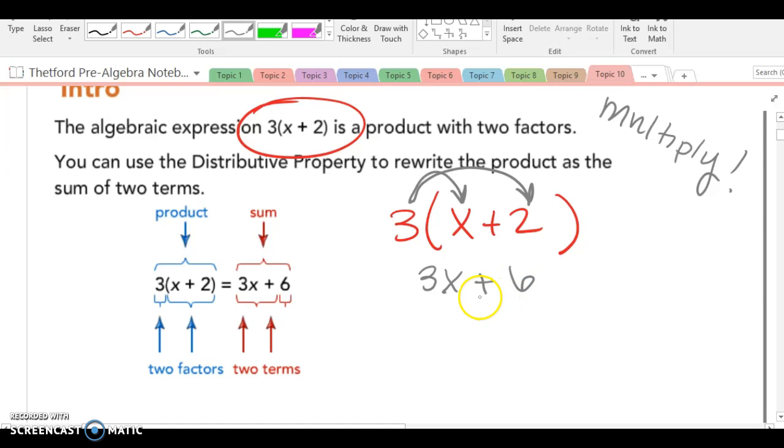And the reason that I wrote positive 6, it lets me know what operation I'm doing. Since it's a positive, that means I'm going to have a plus in between both of those numbers. But if it was a negative, then it would have been a subtraction sign. So my expanded form of my expression is 3x plus 6. And so this is going to be your answer today. And it is okay that we have an answer that looks like this. Not every answer has to just be one number.